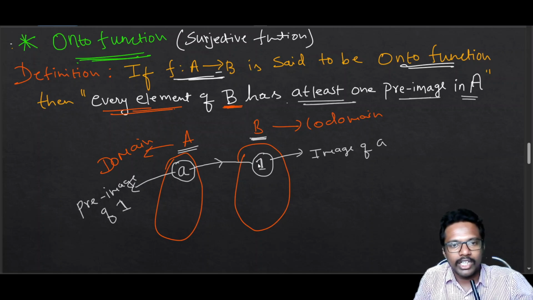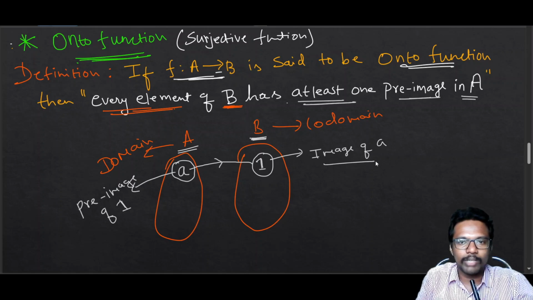This direction gives the image, and if we move in the other direction, it becomes the pre-image. I hope you all understood the difference between image and pre-image. This 1 is the image of a and this a is the pre-image of 1.